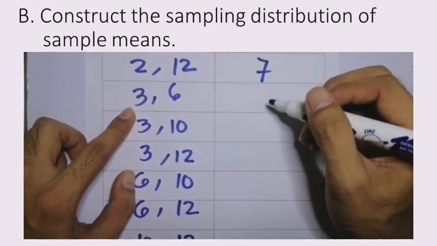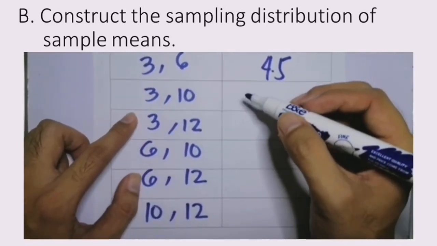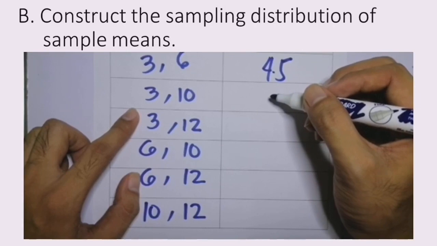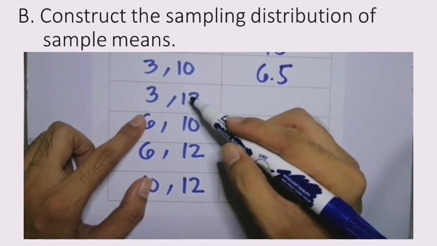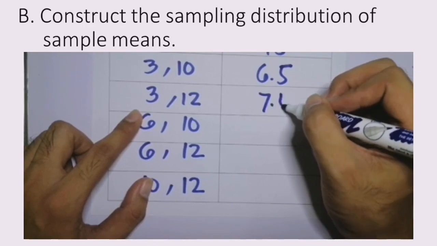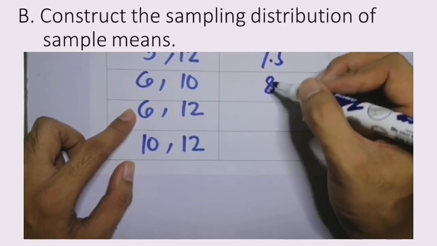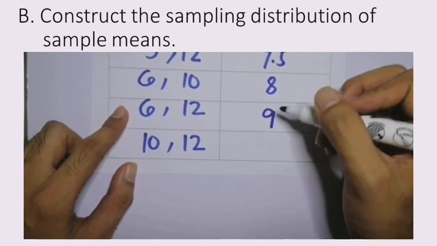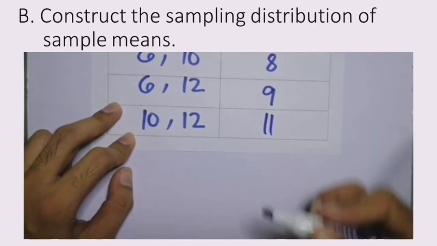6 plus 3 is 9, divided by 2, that's 4.5. 10 plus 3 is 13, divided by 2, pila man ang 13 divided by 2, that's 6.5. 12 plus 3 is 15, divided by 2, that's 7.5. 10 plus 6 is 16, divided by 2 is 8. 6 plus 12 is 18, divided by 2 is 9, and 10 plus 12 is 22, divided by 2 it's 11.